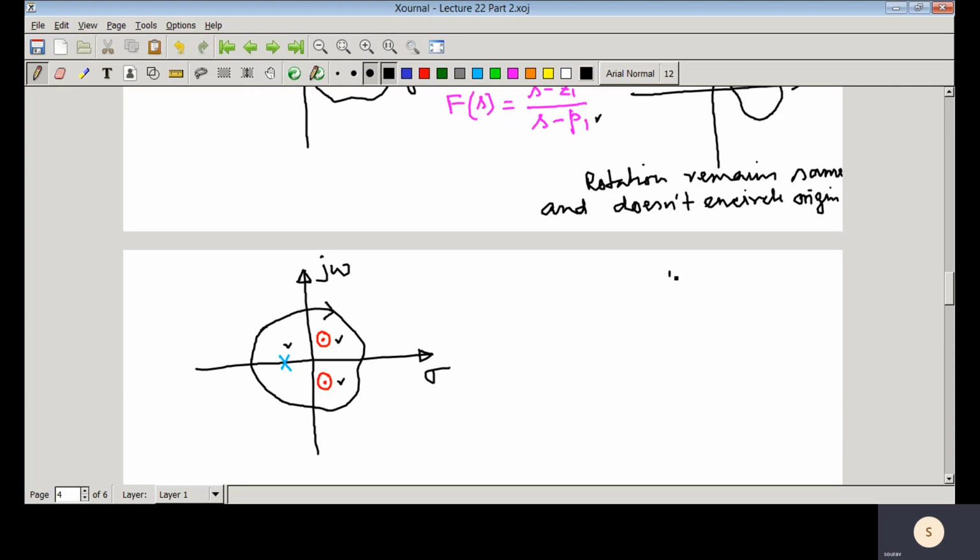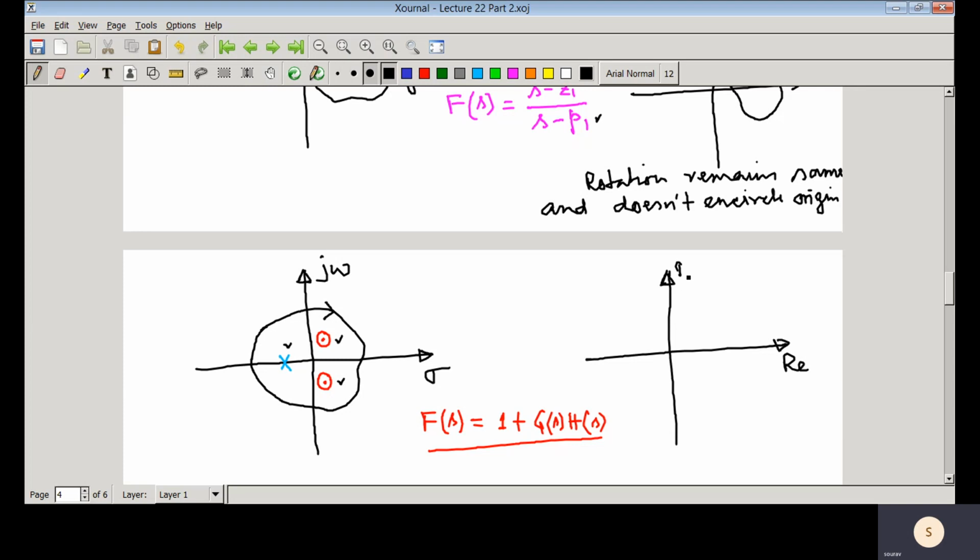Whenever that is plus 360, suppose the function we have taken is F(s) equal to 1 plus G(s)H(s). This is the rational function. Here we have the real and imaginary axes of F(s), so this is the F(s) plane.